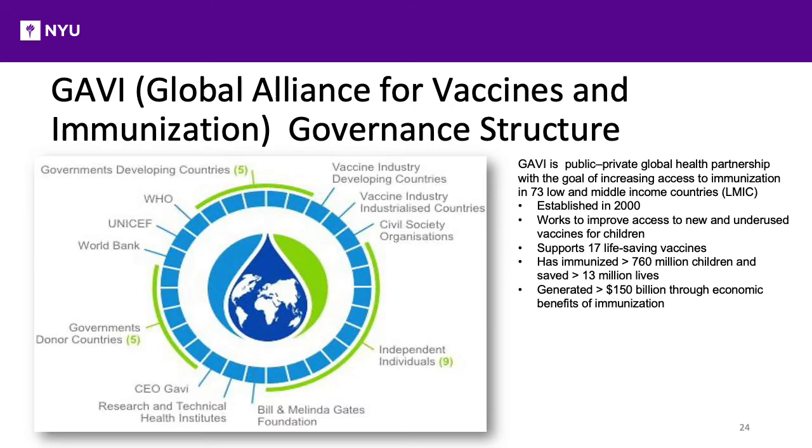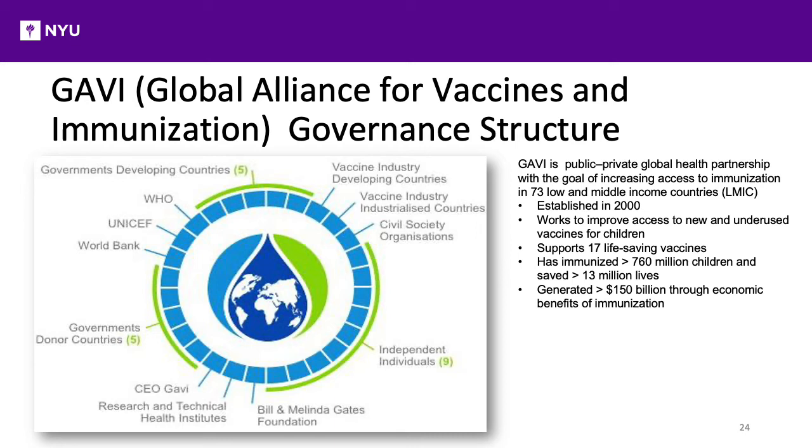Another organization that you might not have heard about, but is very important, is Gavi, which is the Global Alliance for Vaccines and Immunizations. Gavi is a public-private global health partnership with the goal of increasing access to immunizations in 73 low and middle income countries.